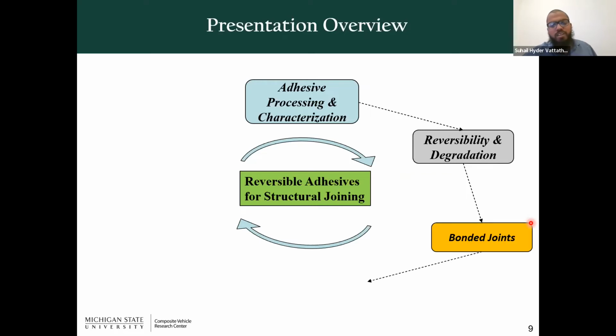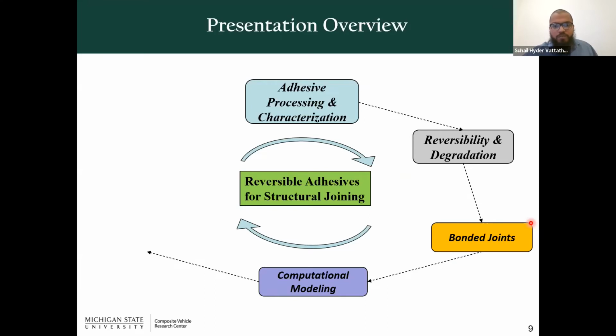And in the third step, I have a characterization study based upon bonded joints. So we made bonded joints using both oven heating and electromagnetic induction heating, just for comparison purposes. And we compared the mechanical properties. And we did different surface treatments and some other studies to see how we can improve the bonded joint property.